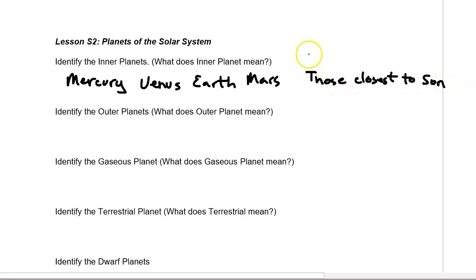Now, if you remember from your diagrams, you had the sun, you had Mercury, Venus, Earth, Mars, and then you had all these different asteroids. Then you had Jupiter, Saturn, Uranus, and Neptune. Another way to look at the inner planets is that they're on the inside of that asteroid belt.